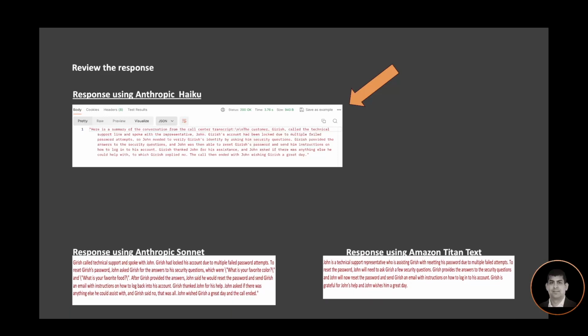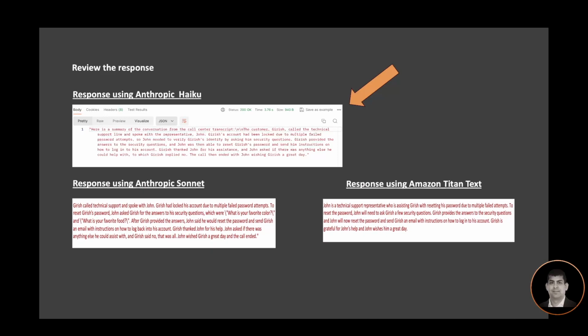Since we are using the Converse API, that's the beauty of this API, that it abstracts the underlying implementation. So I can use the same code, same transcript file, just by changing the model ID in my parameter for a different language model. In this case, same example, same transcript file.